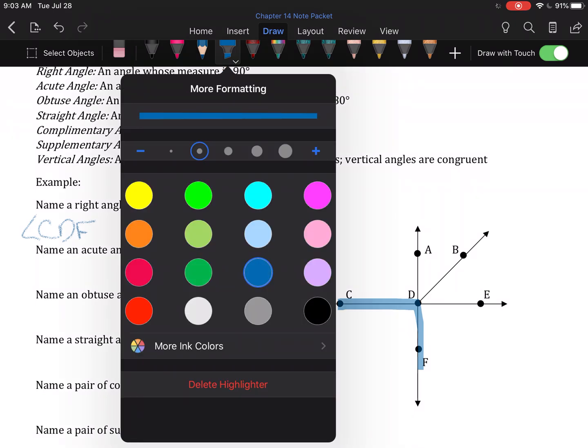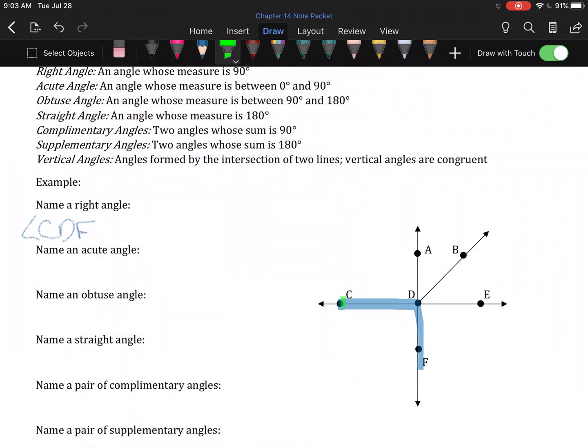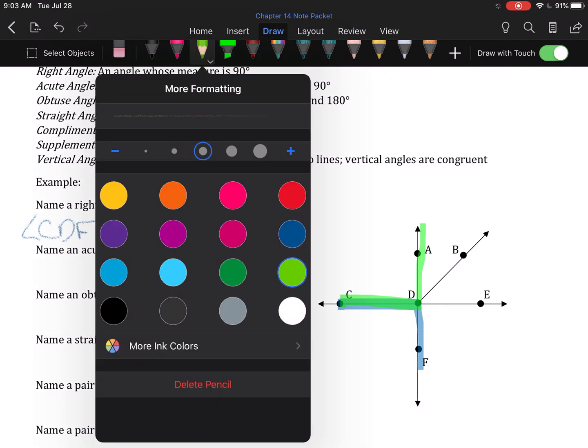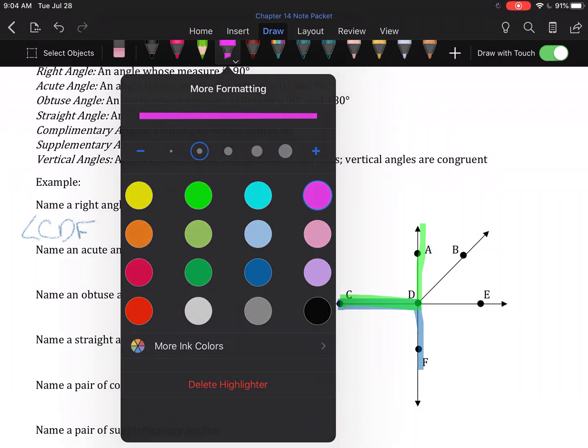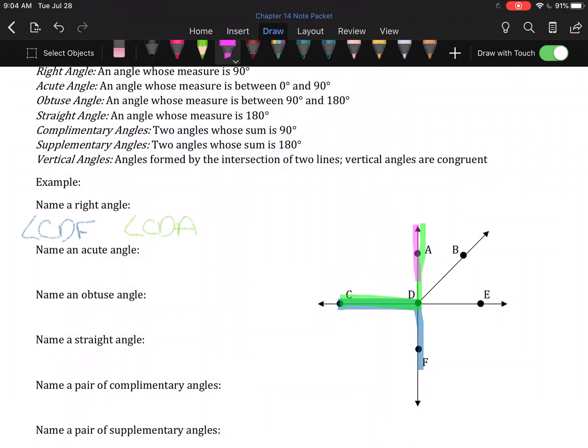That is not the only right angle. CDA is a right angle. And you don't necessarily have to write all of these down, but I'm going to show them all to you. ADE is a right angle.